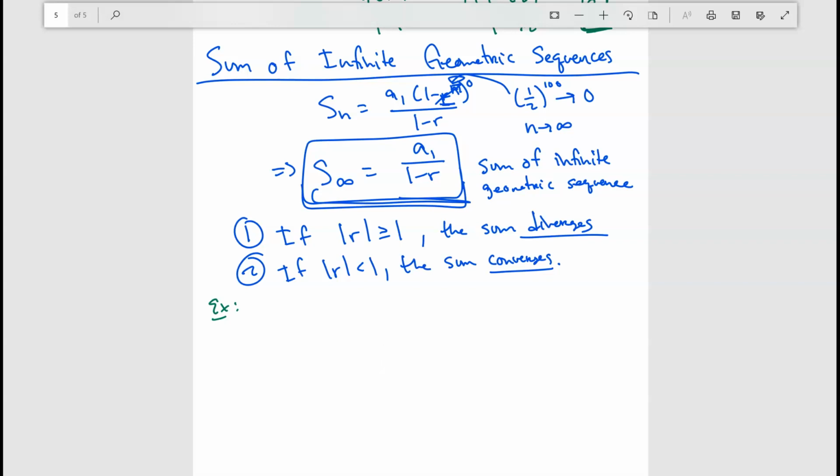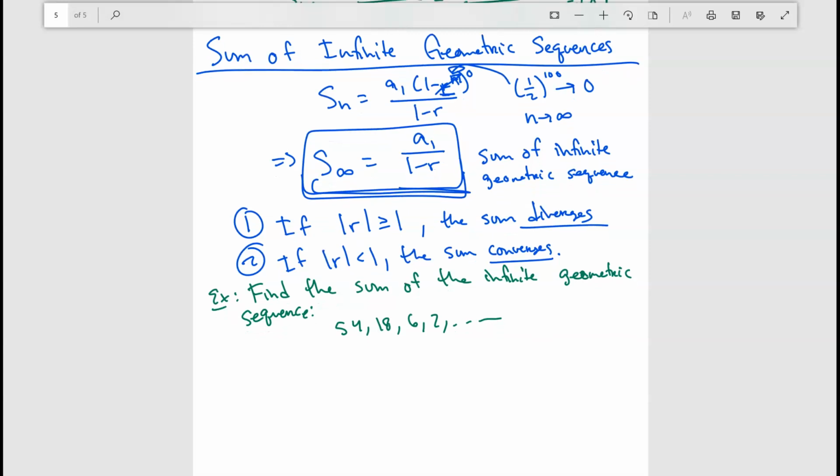Okay, so let's just do a problem. Find the sum of the infinite geometric sequence: 54, 18, 6, and 2.